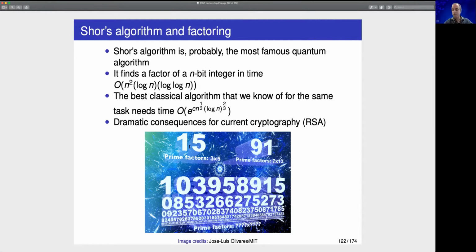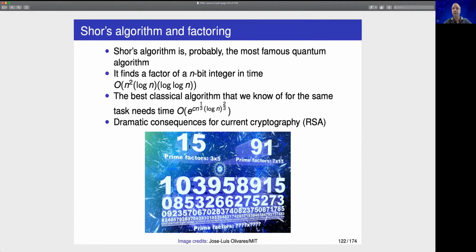Okay, and well, this is a problem that may seem not very important, not very relevant, until you remember that much of the current cryptography that we use for our transactions on the internet is based on this RSA crypto system, whose strength is based on the difficulty of factoring very large integers.